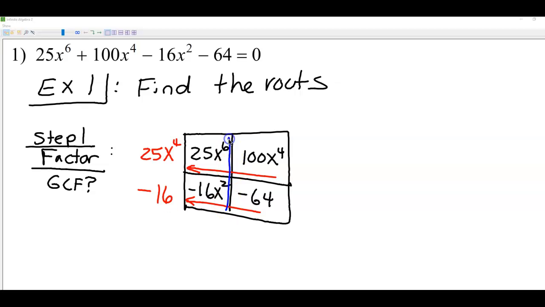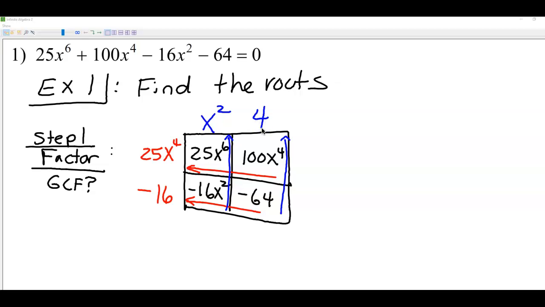Going this way, 25 and 16, there's no GCF for 25 and 16, but they do have some x's in common. I can take out how many x's here? 2 x's. And here, 64 and 100. I think the biggest thing that goes into those 2 is 4. 4 does. Yeah.